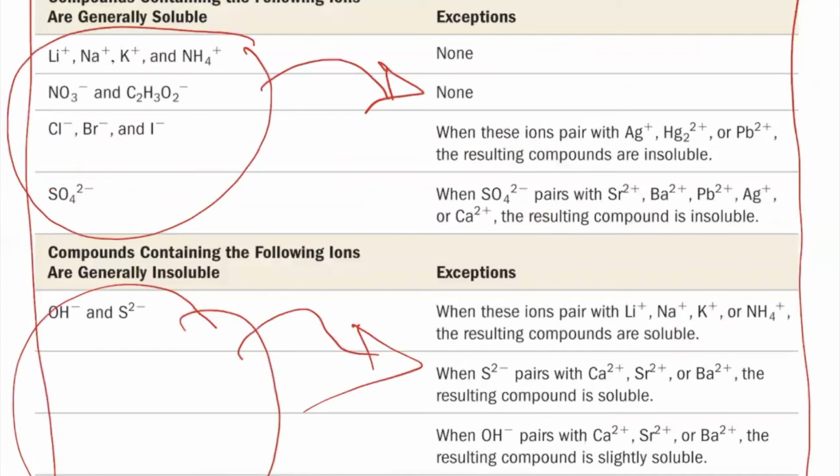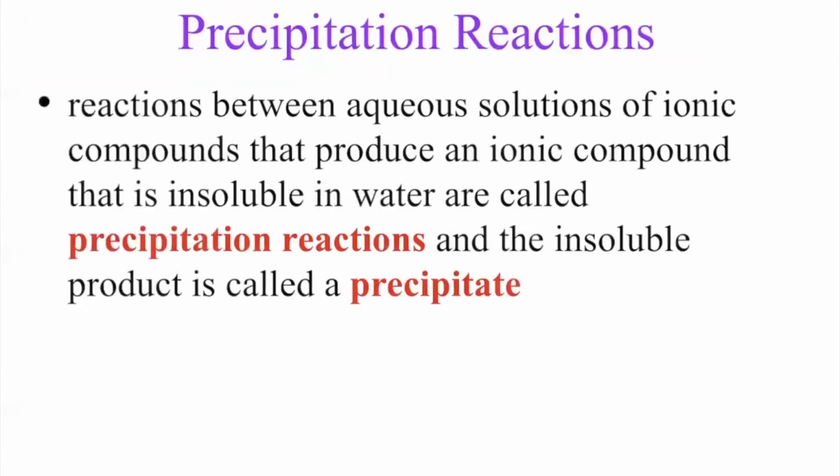Which brings us to looking at precipitation reactions. We're going to be looking at different types of reactions. One of them is the precipitation reaction. Precipitation reactions are pretty much when your reactants are aqueous, and when you mix them, they precipitate, they give you a solid. So that product that comes out that is solid is considered a precipitate.